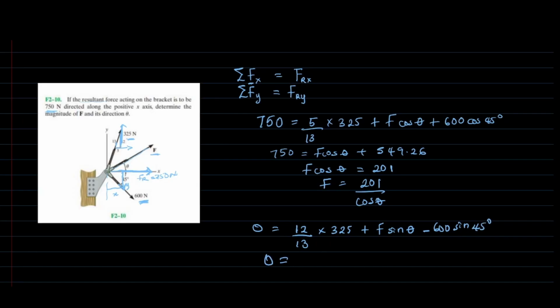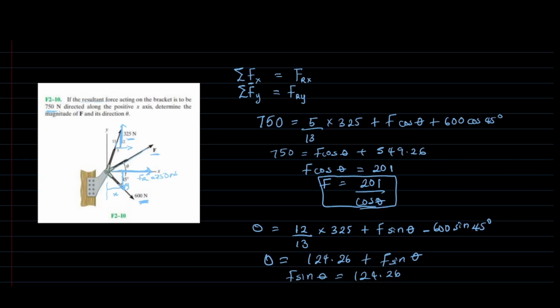If you resolve this, you're going to get 124.26 plus F sine theta, which is F sine theta equals 124.26.